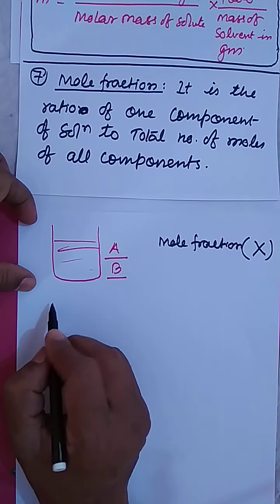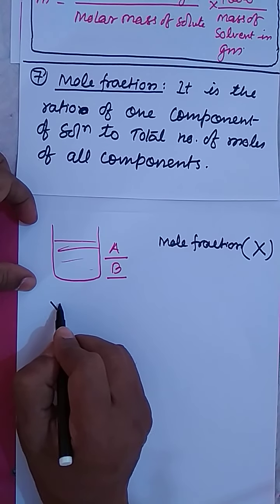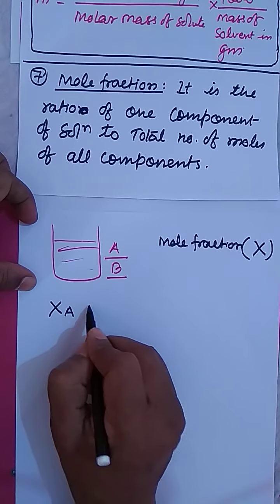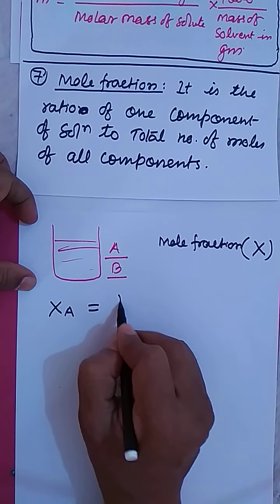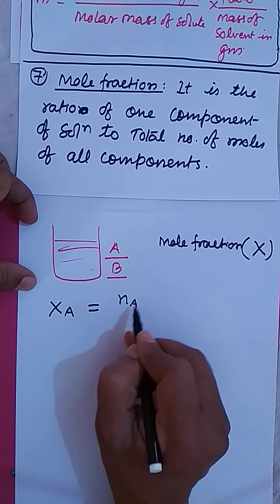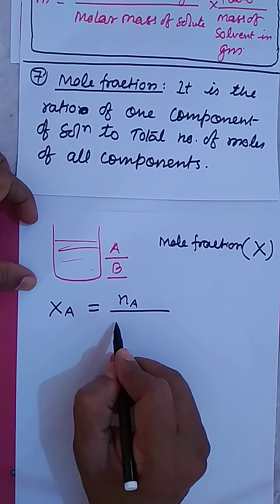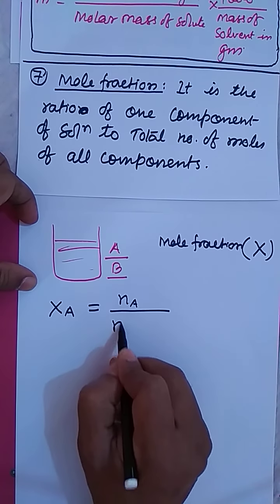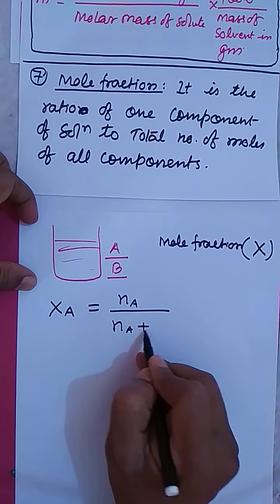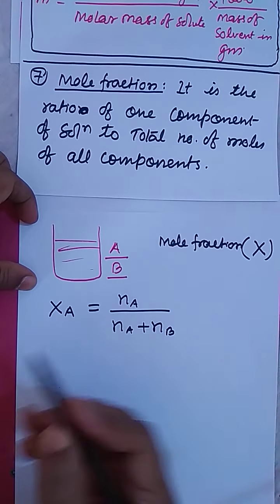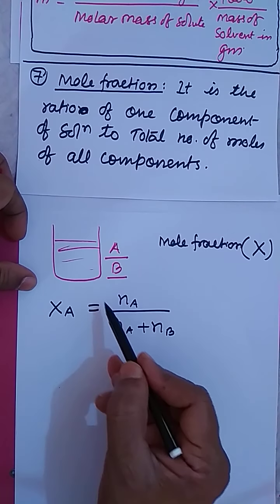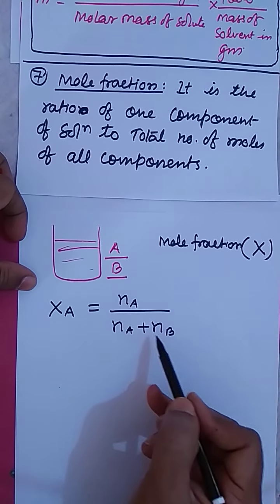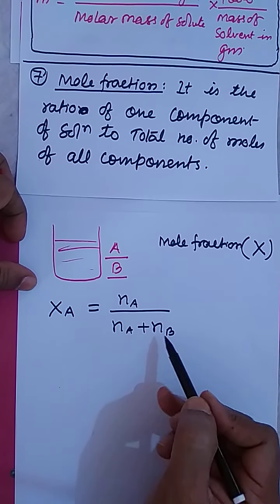So suppose you have to write the mole fraction of A, XA. This is equal to number of moles of A upon number of moles of A plus number of moles of B. So definitely it is the ratio of the number of moles of one component to the total number of moles.